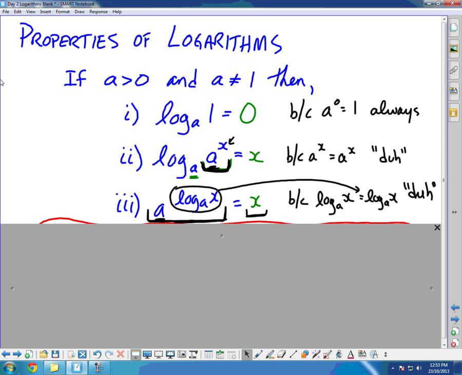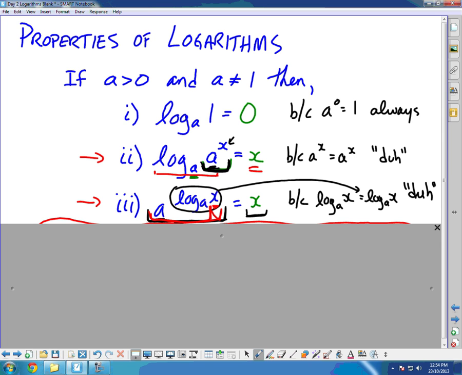So it's these last two, number 2 and 3 here, almost like it's opposite operations. When you're taking the log of an exponent, the answer is right in the exponent. When you have the logarithm as an exponent, the answer is right up there as well. So it's almost like this part cancels and you're left with an x, and this part cancels right here and you're left with an x.